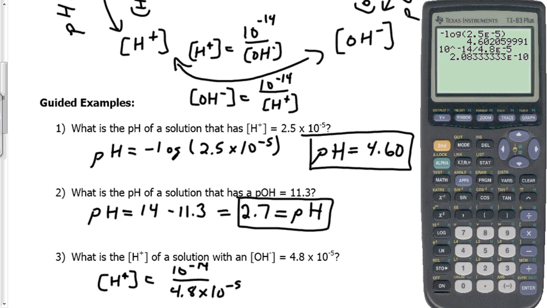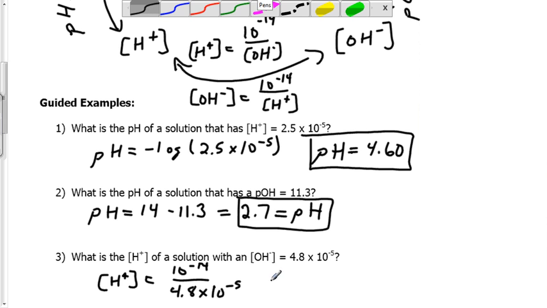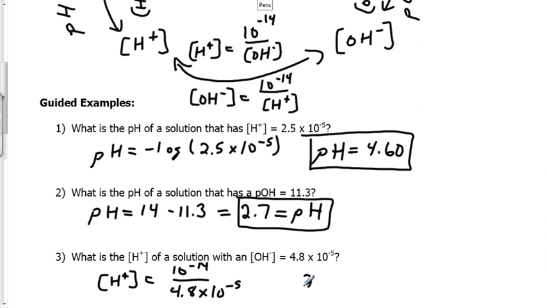So we get 2.08 times 10 to the negative 10th. And this is our concentration of H plus.